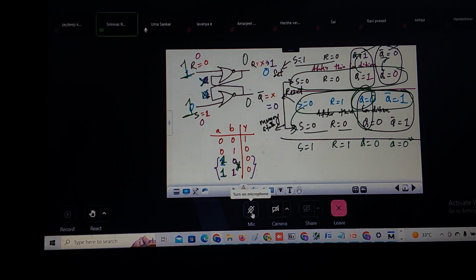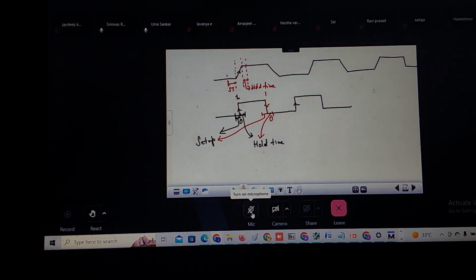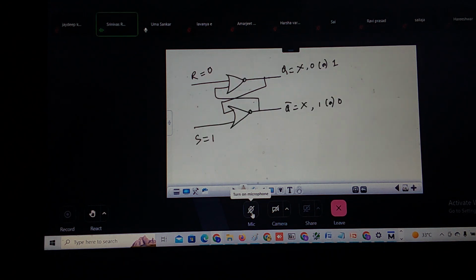See, if I put S1 and R0, I am getting Q equal to 1 and Q bar equal to 0. Say for example, you are asking, if I put S equal to 0 and R equal to 0 to this circuit, correct? This is your question. What happens in this case is that it just holds what it was earlier.